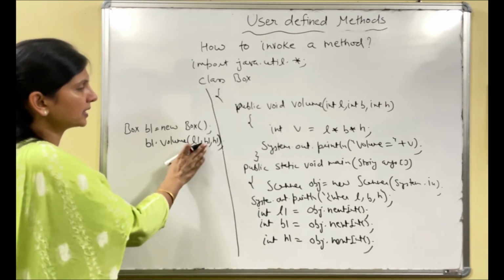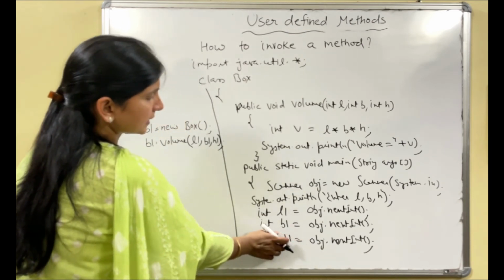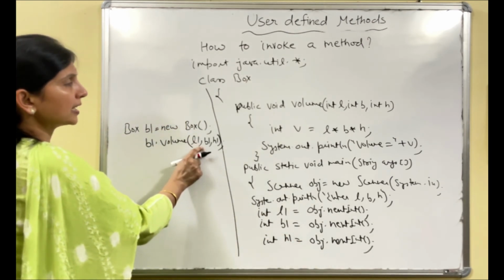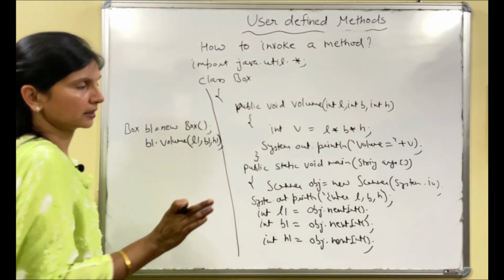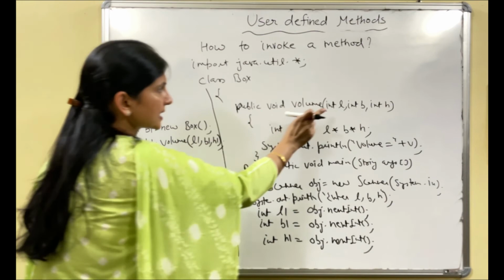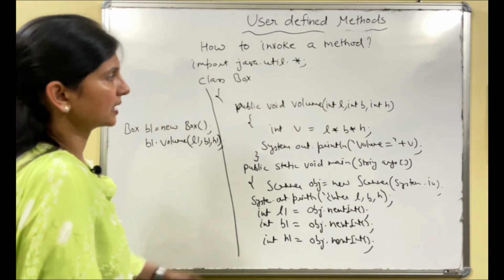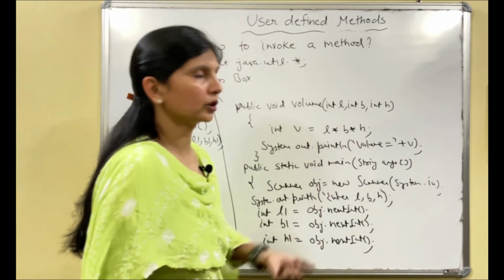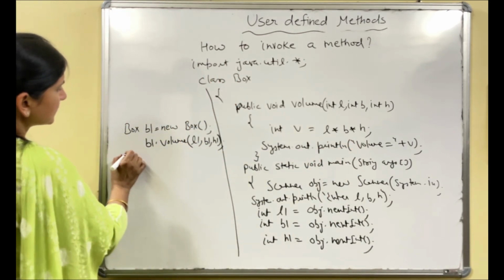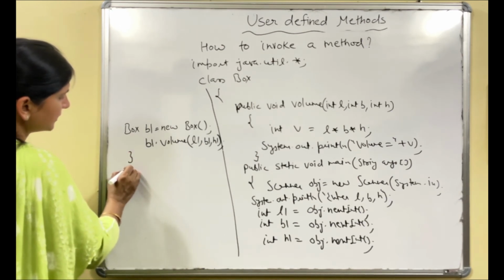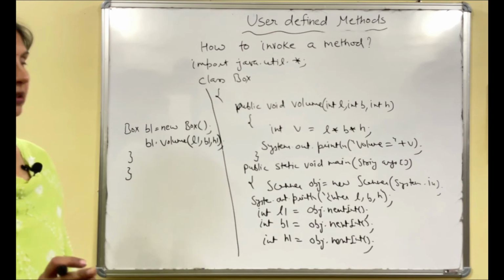Whatever L1, B1, H1 we input at the time of execution of the program, these values will be assigned to L, B, H respectively, in the same order: L1 to L, B1 to B, H1 to H. Then the volume will be calculated and displayed, right? Then that's it. We close the main function and then we close the class.